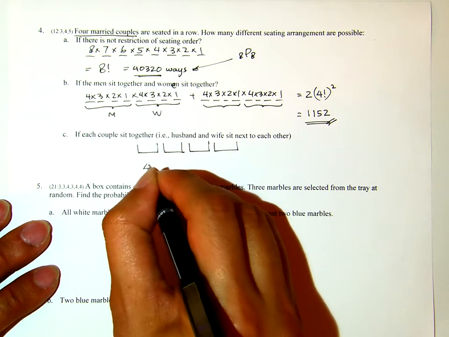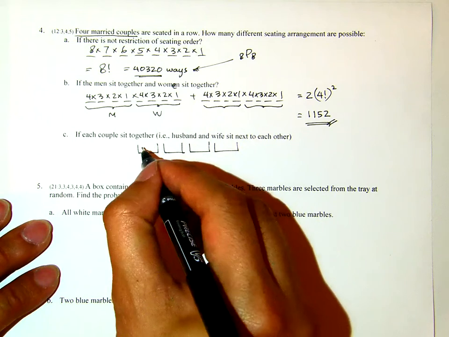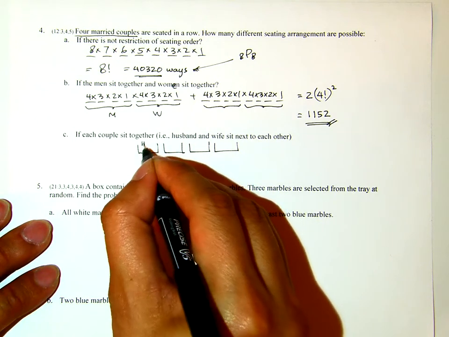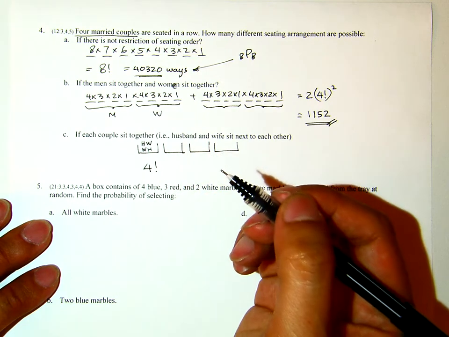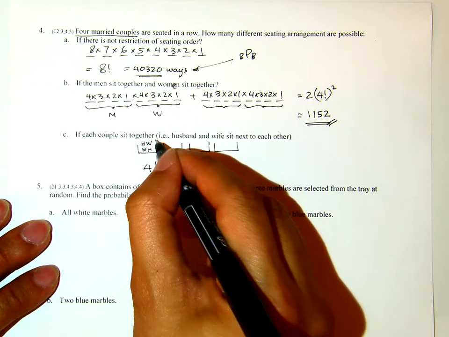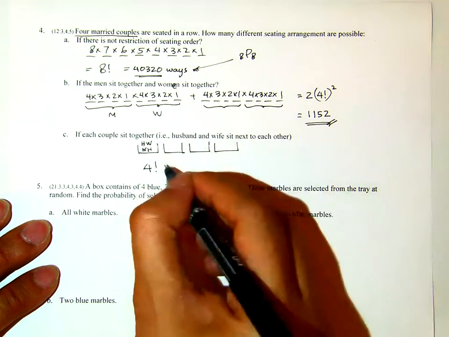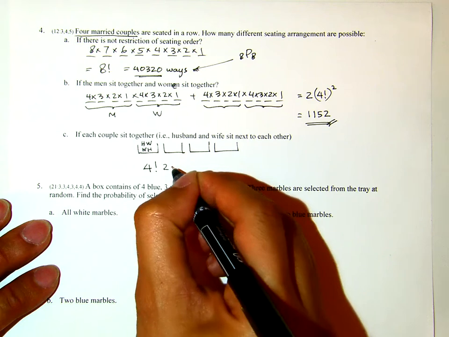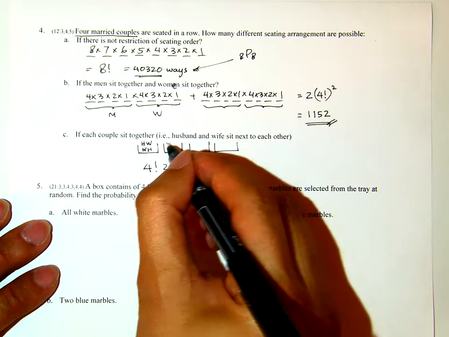There will be 4 factorial, or you can say 4 permute 4. Okay, now for each one of them, it's either husband then wife or wife then husband. So in every group you have 2 different ways of doing it, right? From this group you have 2, from that group you have 2, from this group another 2, from that group another 2.